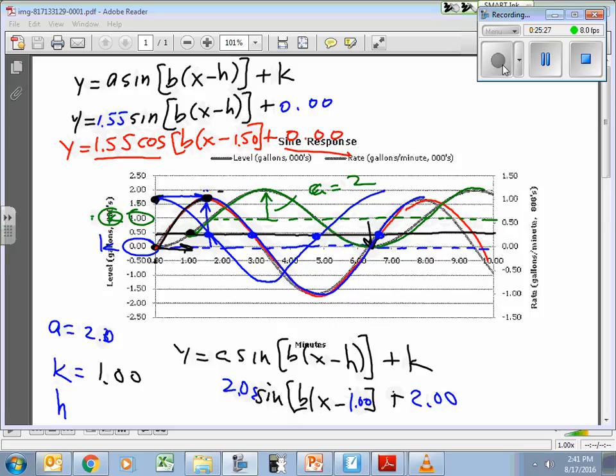You need to get this guy to start at this point. So where's that highest point? The highest point is at 1.50. Okay, if I just move this cosine over 1.50, then this red line describes the same picture as the black line.